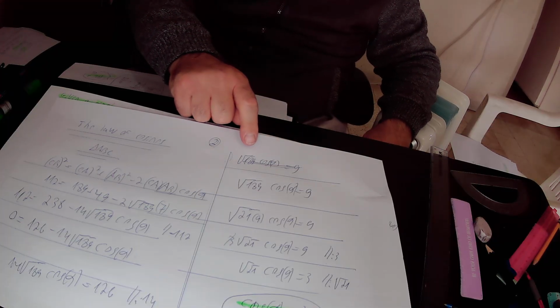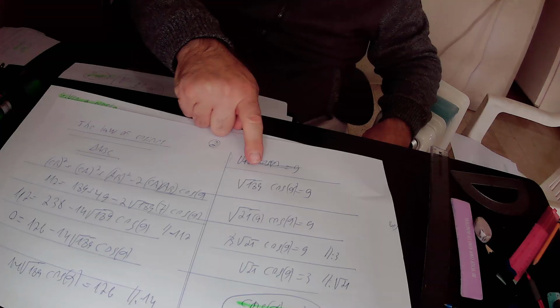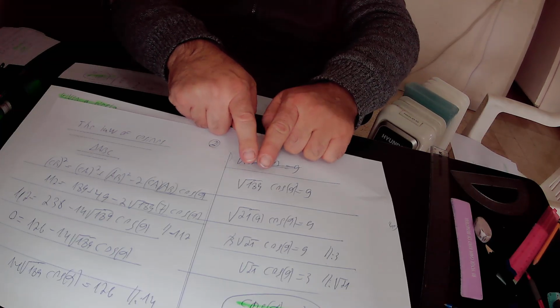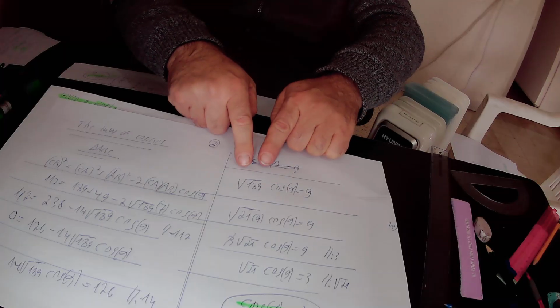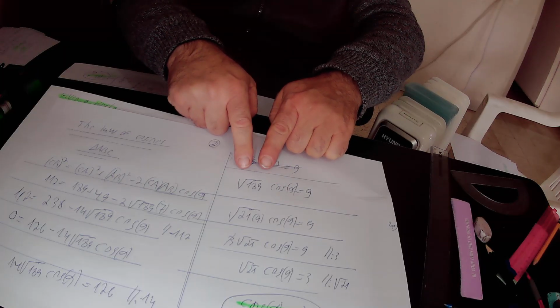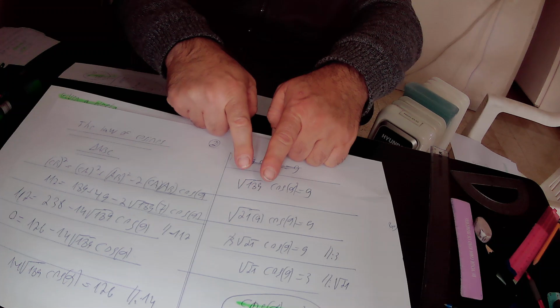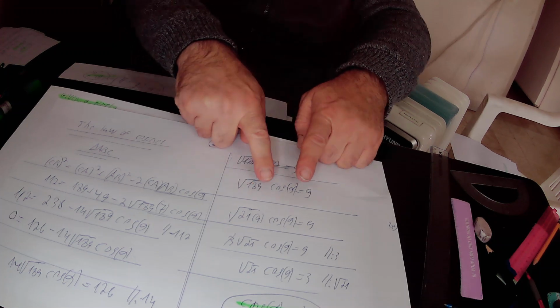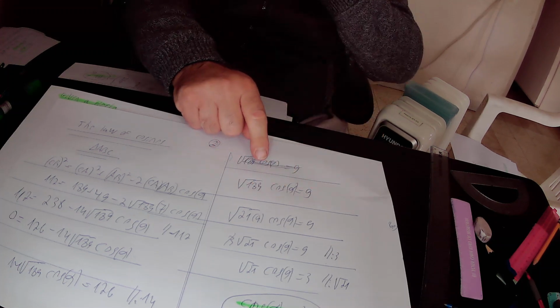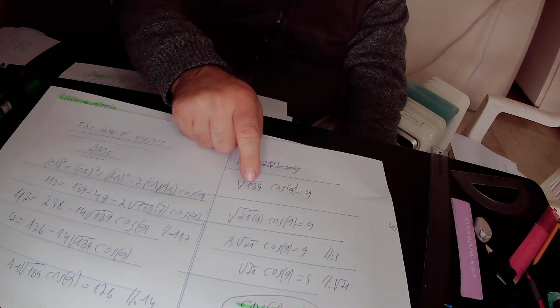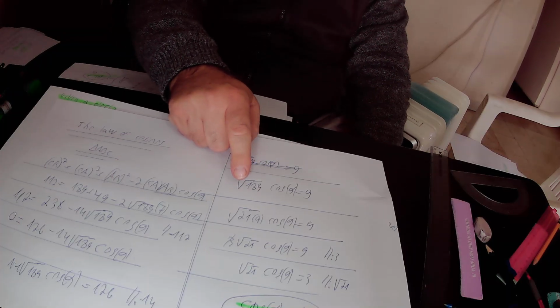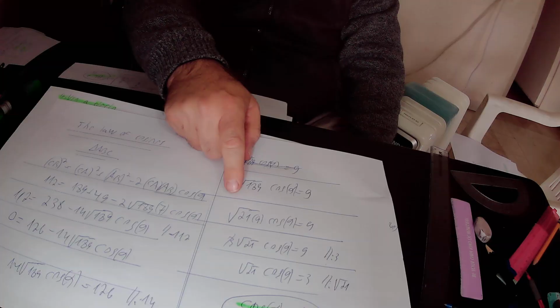In the next step, we substitute 189 by 21 times 9. So the square root of 189 is the square root of 21 times 9, times cosine alpha, equals 9. We took 9 out of the root, the square root of 9 is 3, so inside the root we are left with only 21.